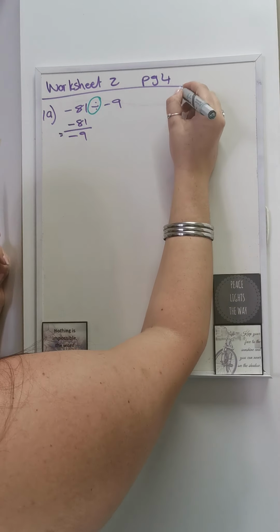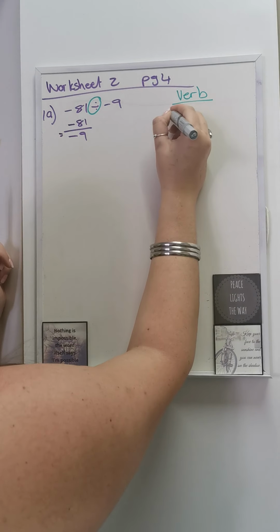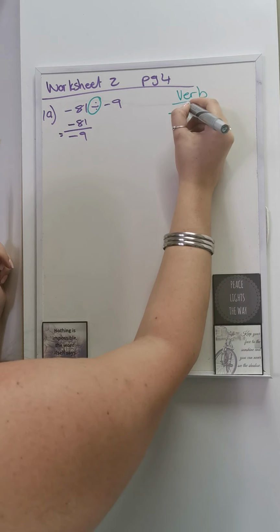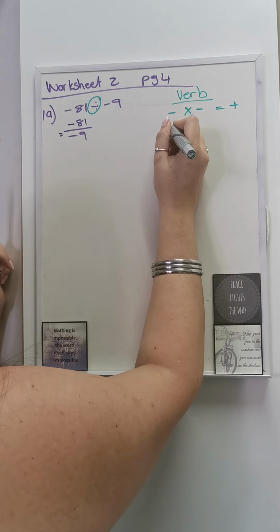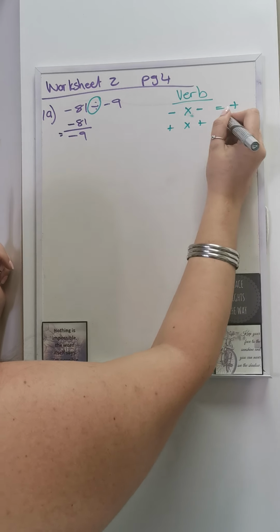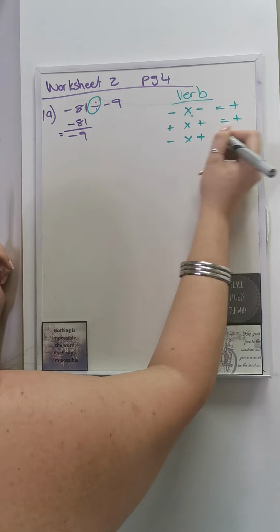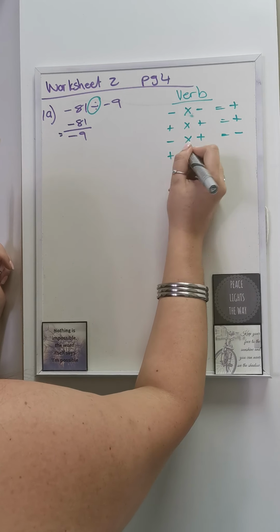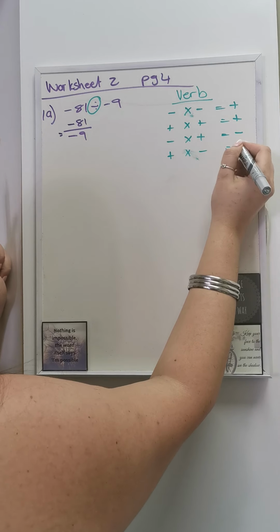Now, if we have times and divide as a verb, I will say a negative times a negative is equal to a positive. A positive times a positive is equal to a positive. A negative times a positive is a negative, and a positive times a negative is equal to a negative.